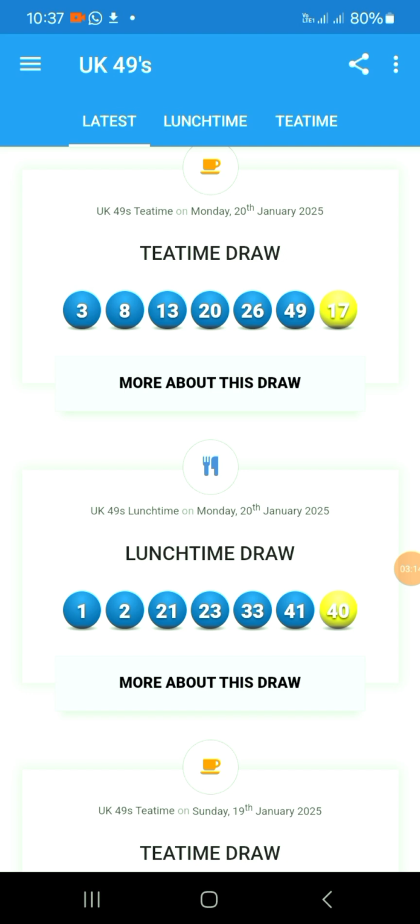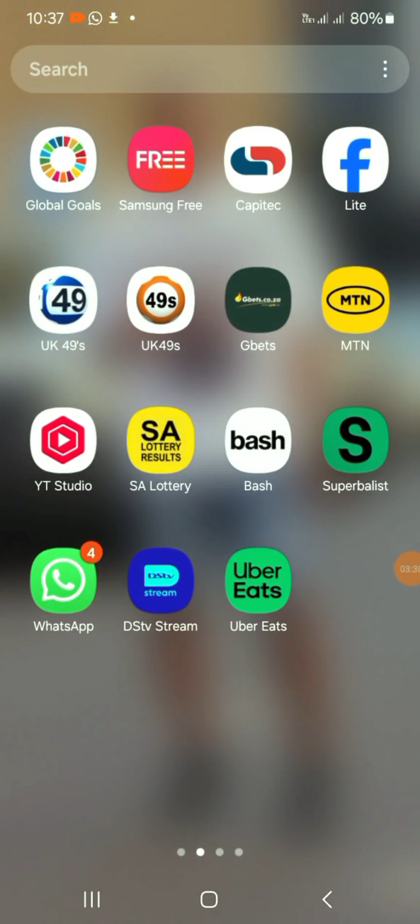So I'm not going to make a mistake by starting with 23. I'm just going to start with 33, and it is also going to be followed by 23. Now let us start.